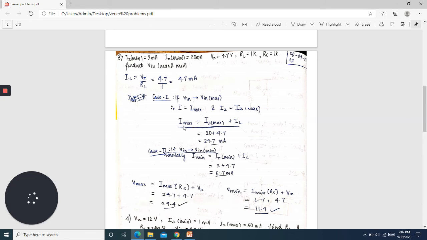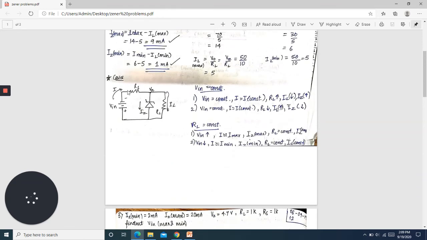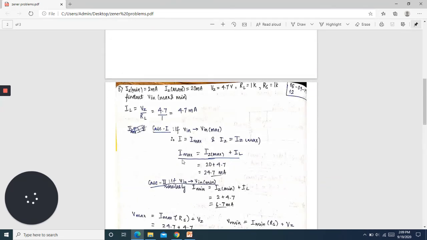So what will be my I max due to the input voltage? I max is equal to Iz maximum plus IL. That is the total maximum current that will flow through the branch RS. This I max will further give me the value of the maximum input voltage.